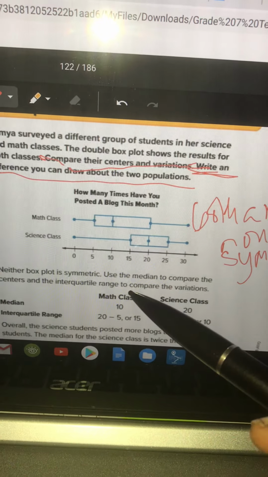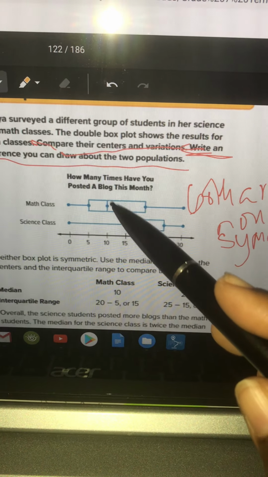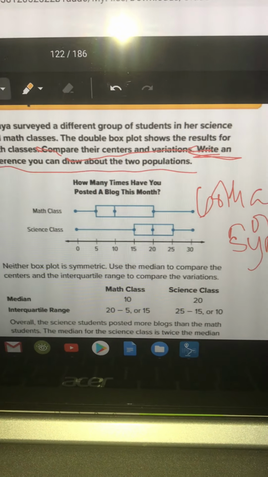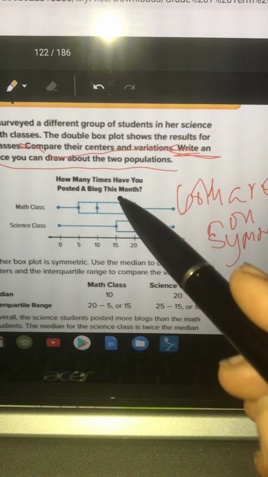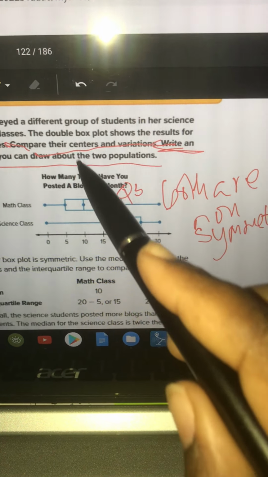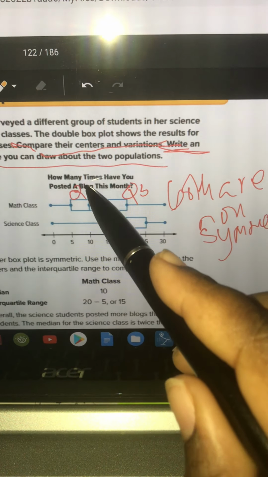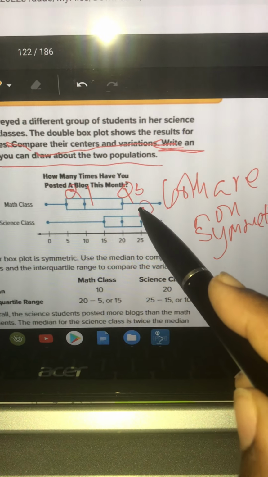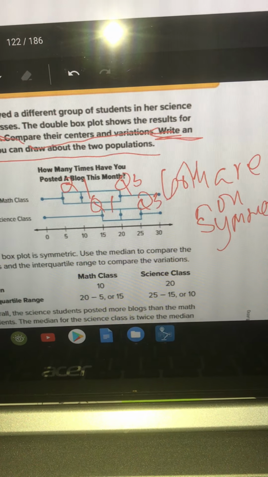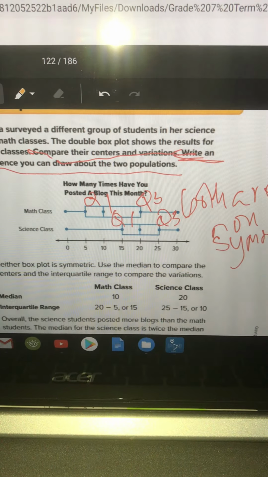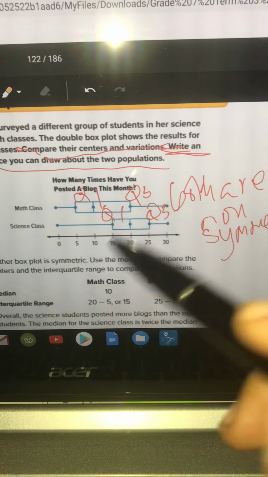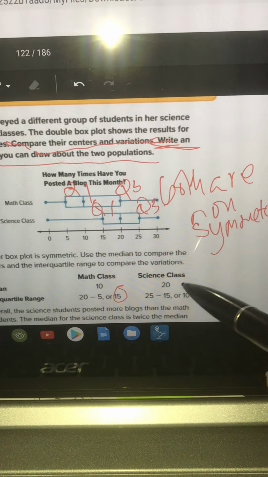I found the median of the math class, which is 10, and the median of the science class, which is 20. Then I found the interquartile range, which is Q3 minus Q1. The same thing here: 20 minus 5 for math and 25 minus 15 for science. So I'm going to look at 15 and 10.